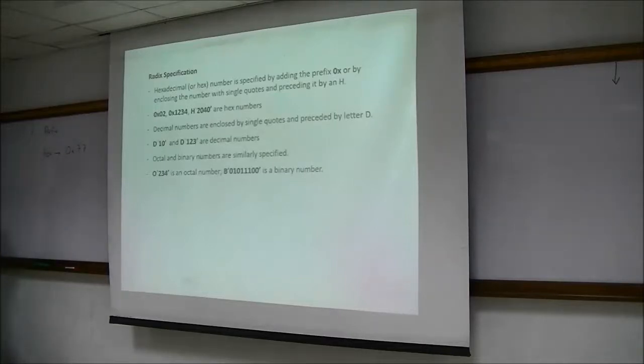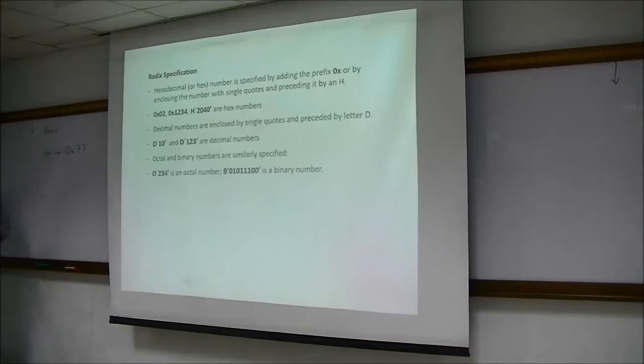The compiler or the assembler will read this as hex 77. Hex 77 and decimal 77 are not the same. You all know that, right? If you perform conversion in the calculator, you'll know. The 77 will yield some other decimal value.